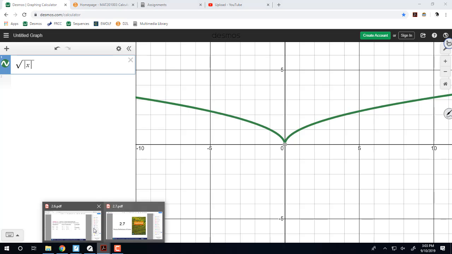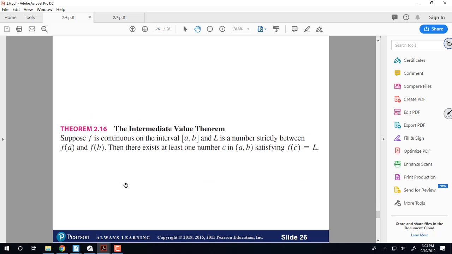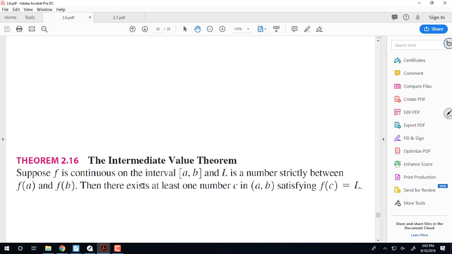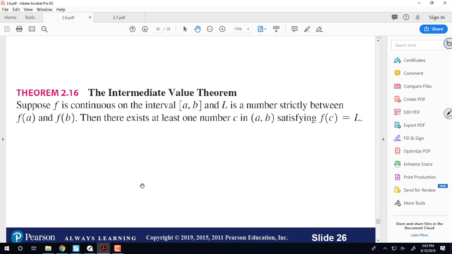Sorry, I don't know what happened here. These two slides are totally missing from the notes. But we're going to look at one implication. There are many theorems based on the idea of continuity, but one in particular that we're going to look at is the intermediate value theorem. I do apologize that's not in your notes.